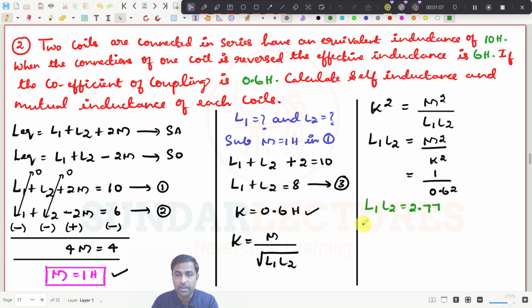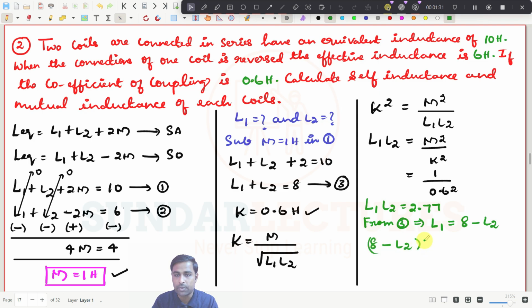Try to understand, from expression number 3 I can write L1 is equal to 8 minus L2. Now substitute this here: instead of L1, I substitute 8 minus L2.